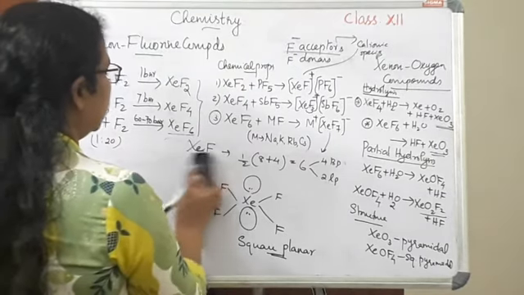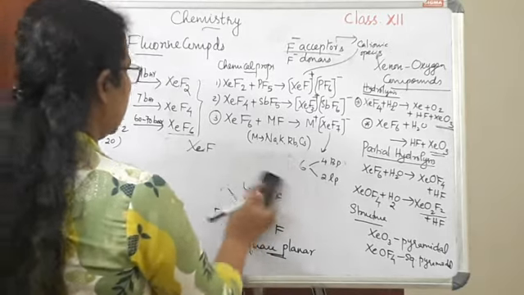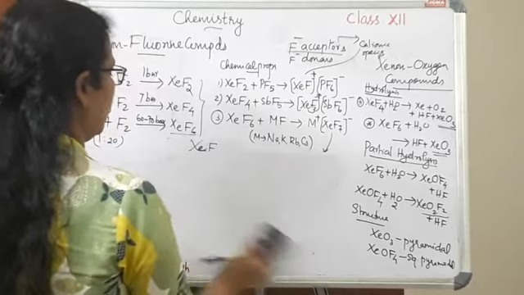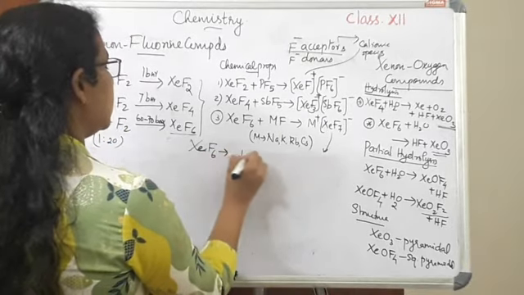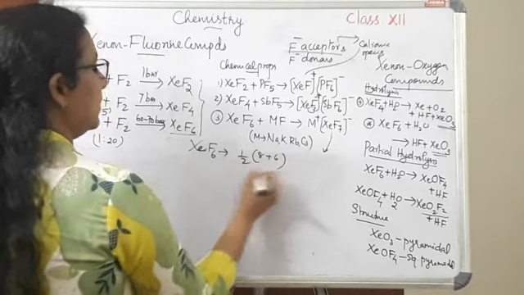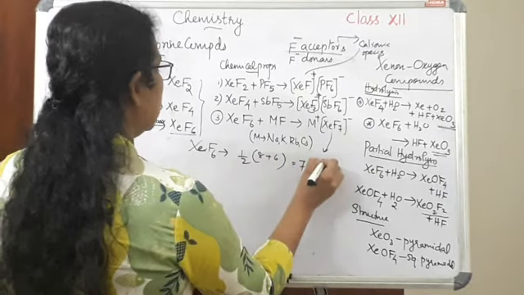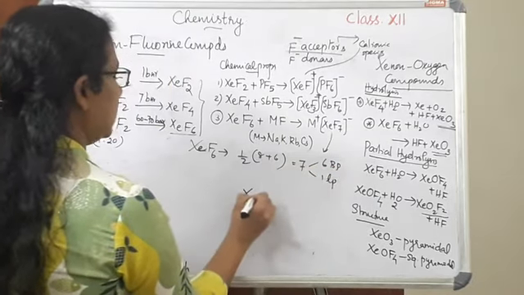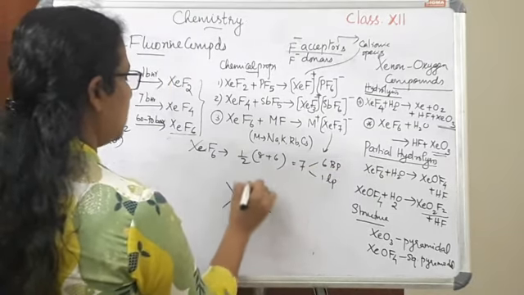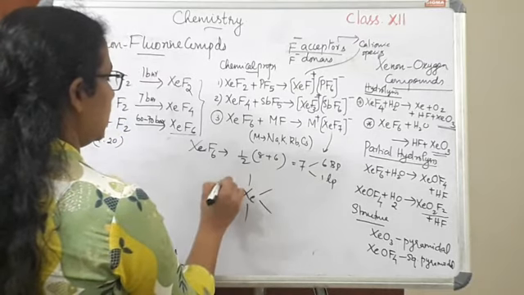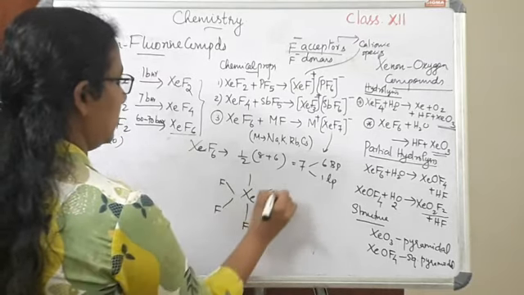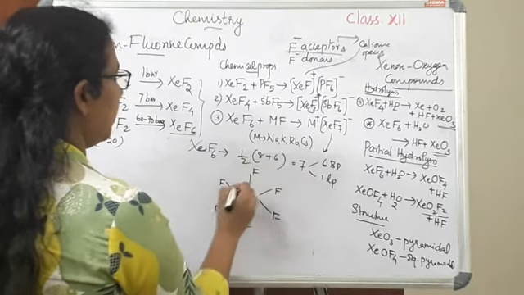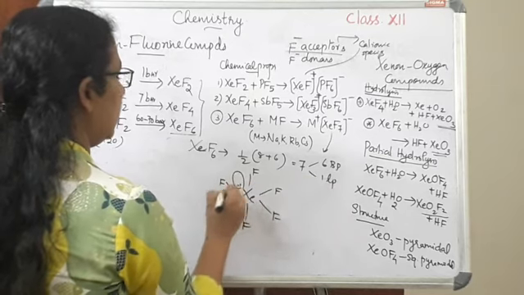Now, let us see another compound, that is XeF6. So XeF6, it is half into 8 plus 6, that is 7. Out of 7, 6 will be bond pairs and 1 is the lone pair. So with Xe, we can draw the structure like this, F6 and 1 lone pair. We can draw the lone pair like this.